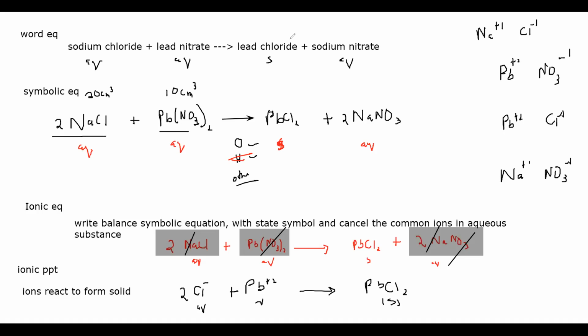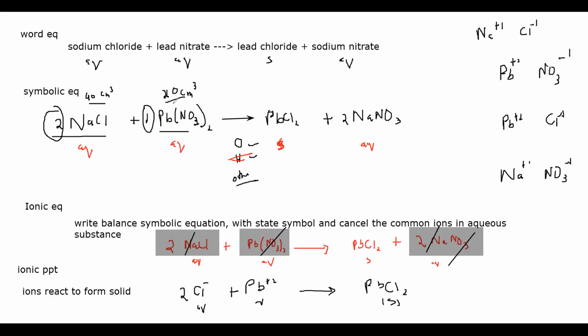Same thing, if I have 20 cm cube of lead nitrate, how much sodium chloride is needed? So it will be double of that. So we need 40. Why? Because you can see here the ratio, 2 molecules of sodium chloride are reacting with 1 molecule of lead nitrate.